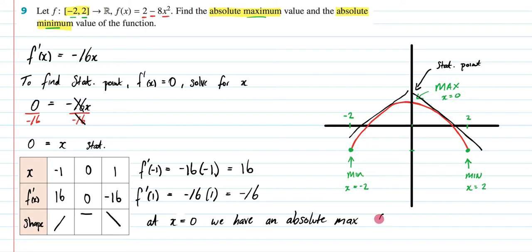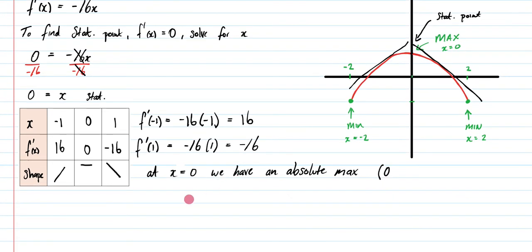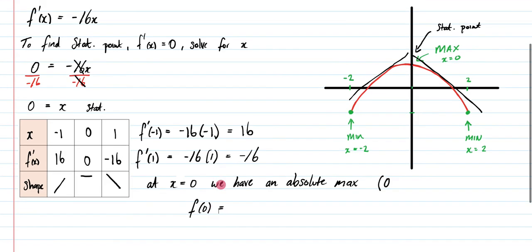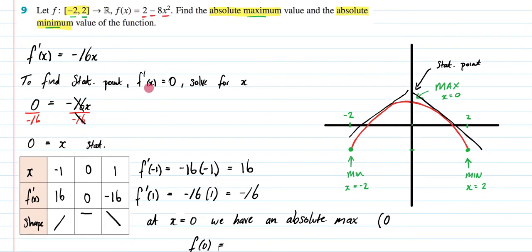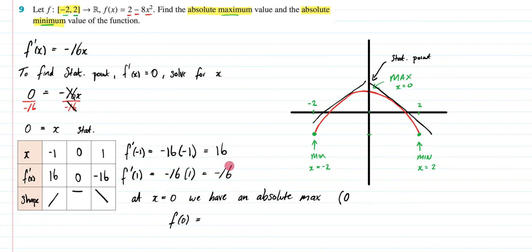So the way that we would do that is we know that the x value is going to be 0. And then I would come down here and say, all right, what is f of 0? I have to remind myself what this function was in the first place. It's 2 minus 8x squared. So it's going to be 2 minus 8 times 0 squared, which is 2 minus 0.